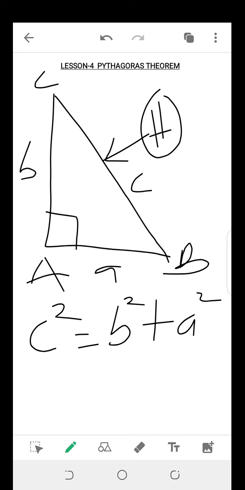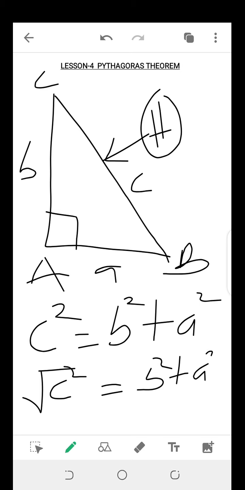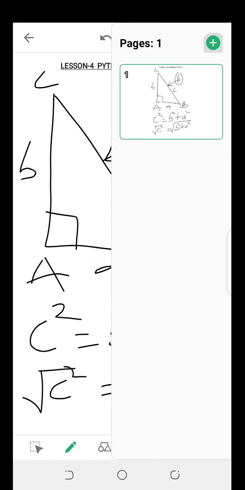So in simple terms, for us to get C, we can square root both sides. By square rooting both sides, C squared goes to B squared plus A squared. We put all of them in a root. So we square root both sides, and the root of the square cancels.